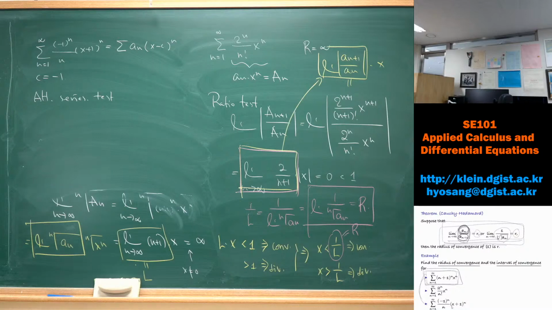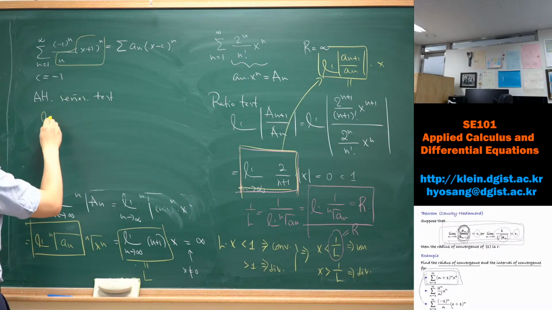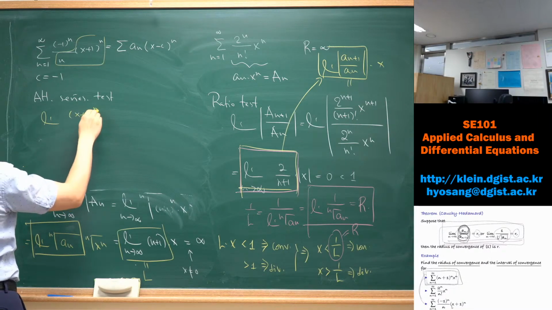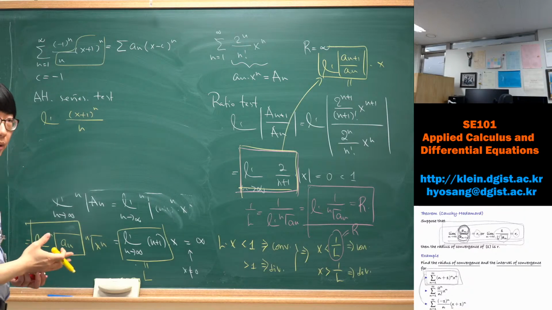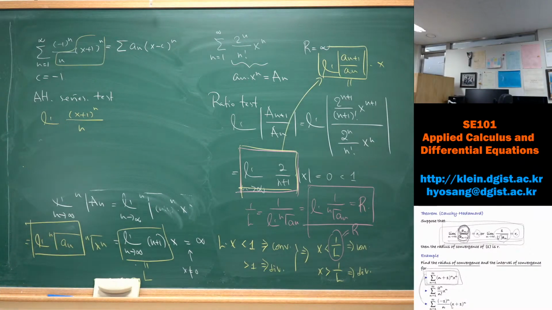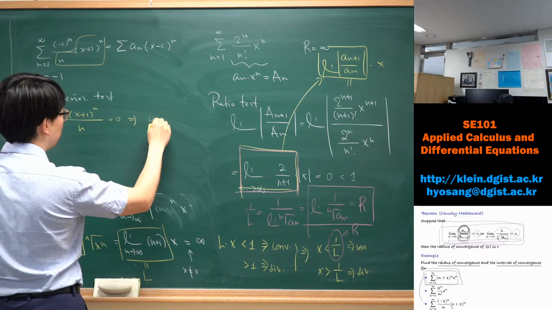You have a positive part of this alternating series, (x plus 1) to the power of n over n. The alternating series test says if this goes to 0, then it converges.